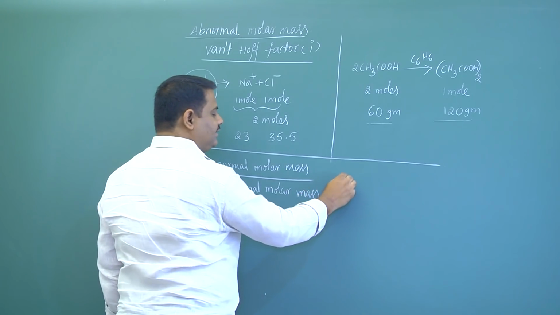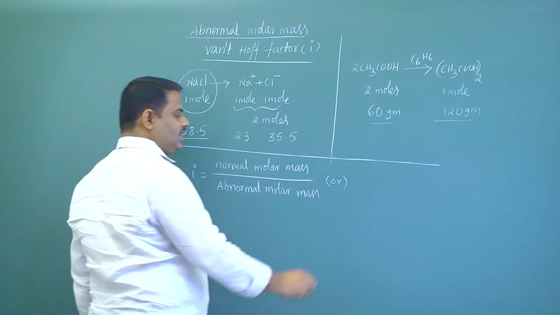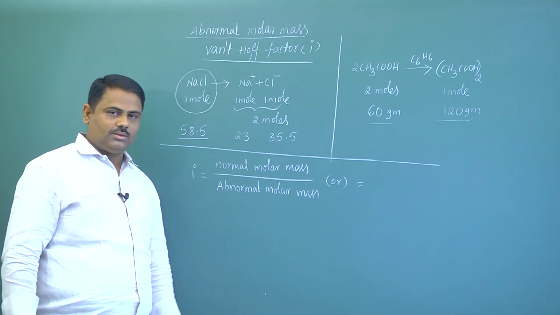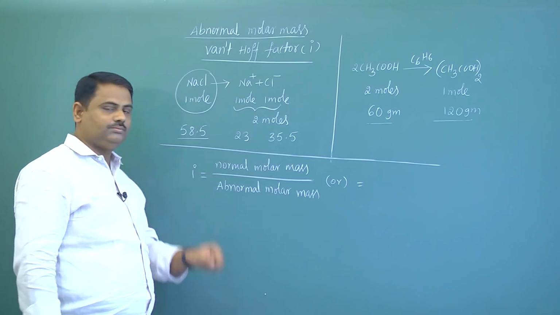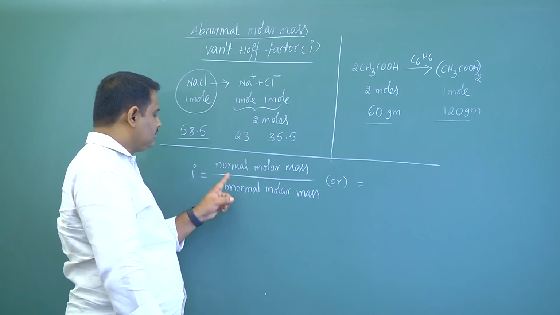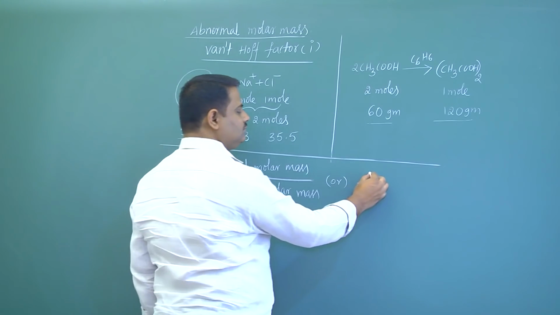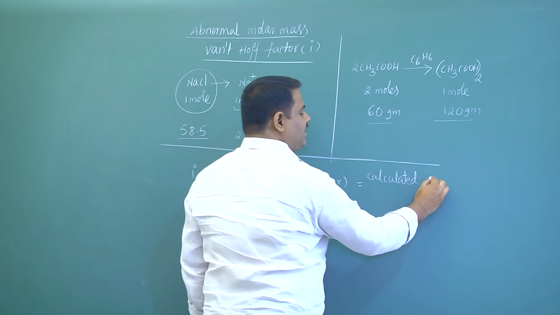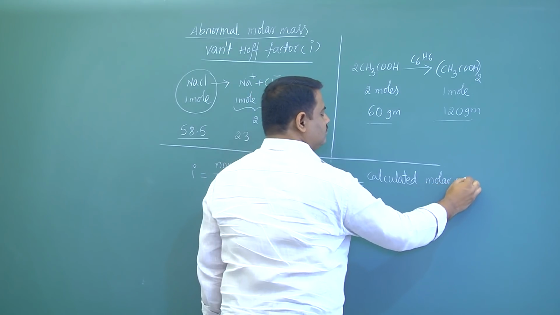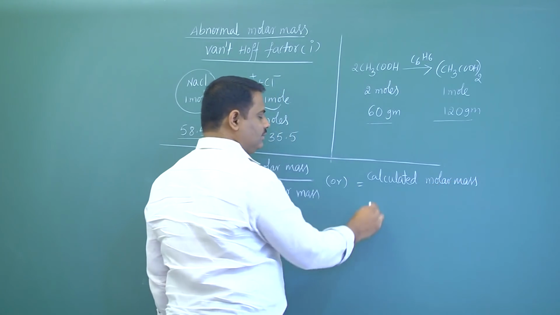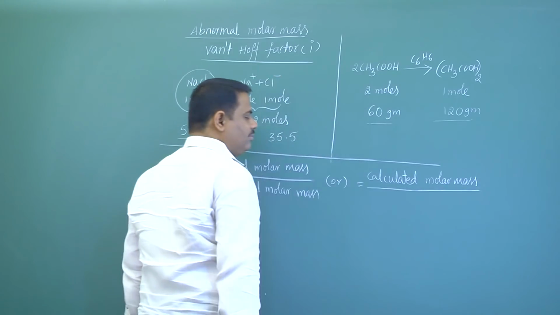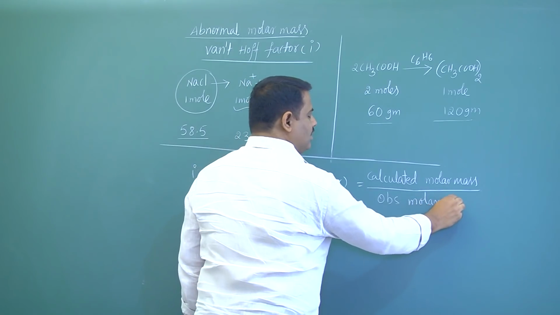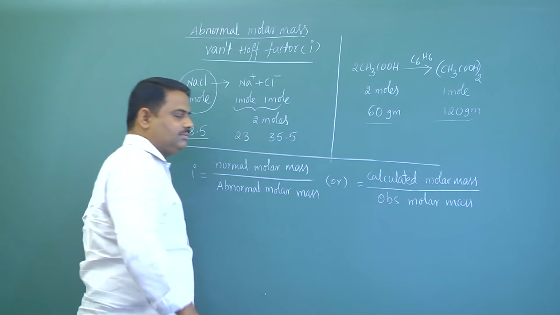This we can write in another form. Here normal means theoretical value, or you can say calculated value. That means calculated molar mass divided by observed molar mass.